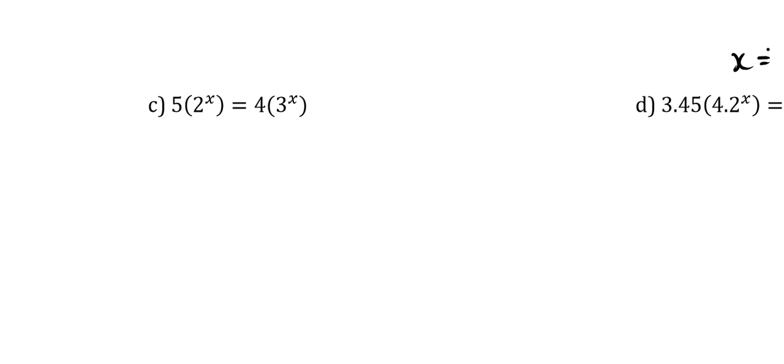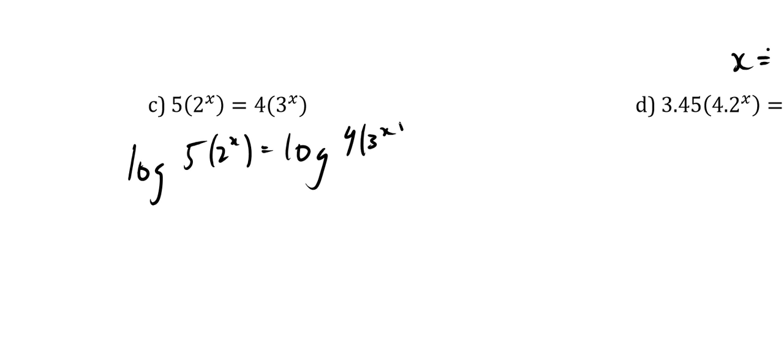This one's 5 times a power. So I'm going to start by taking the log of both sides still. And again, it's the whole thing there. It's the log of that whole thing, whole left and the whole right.